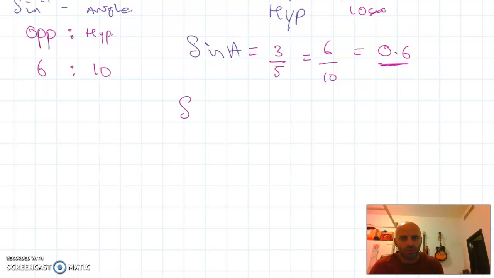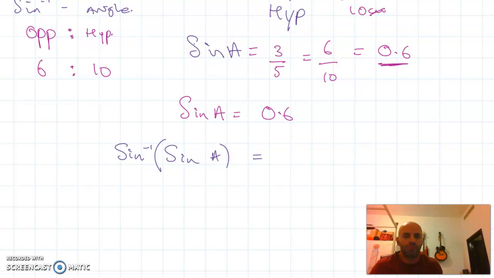So let me just rewrite it a little more straightforward now. I know the sine of the angle A is 0.6, and mathematically what I do is I take the sine inverse of both sides. So I'm taking the sine inverse of the sine of the angle A, and if I take the sine inverse of the left hand side, then I have to take the sine inverse of the right hand side as well.